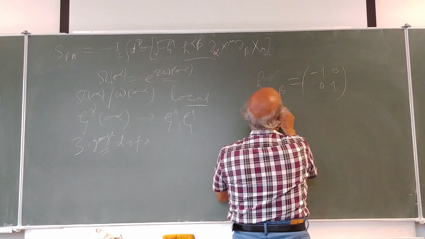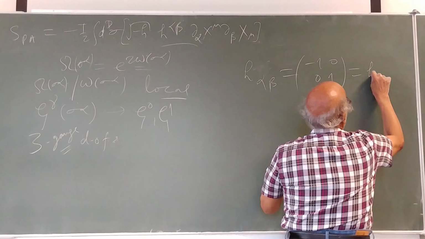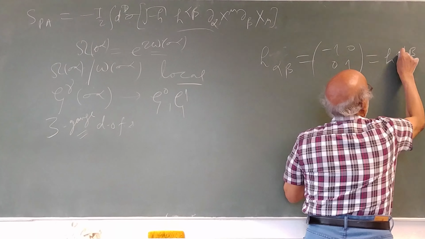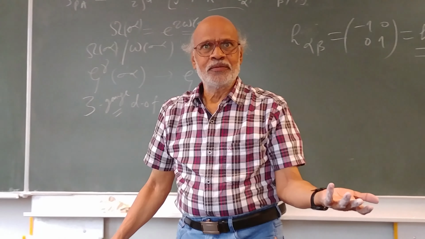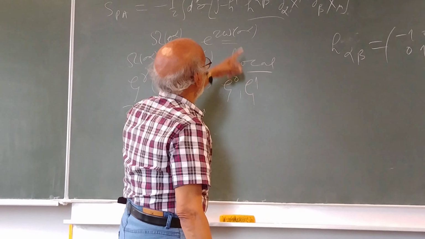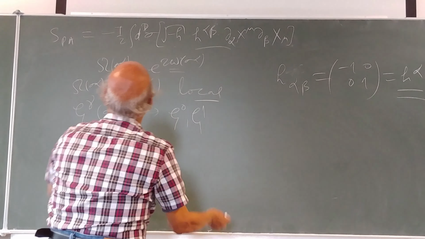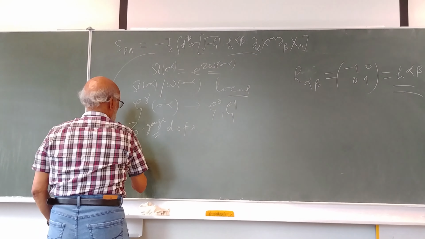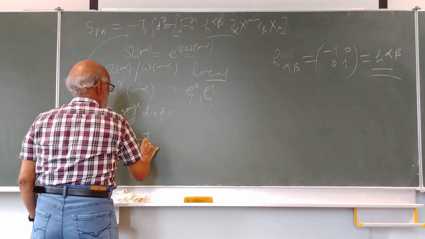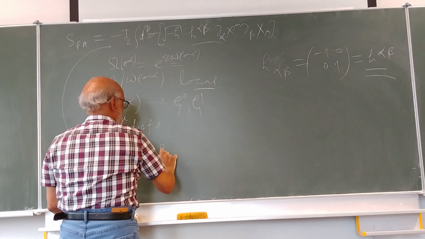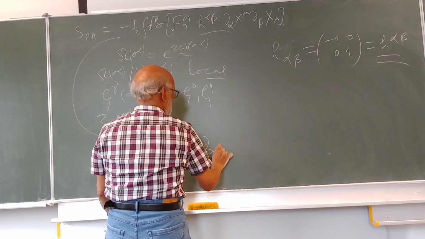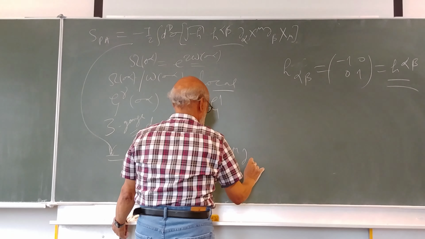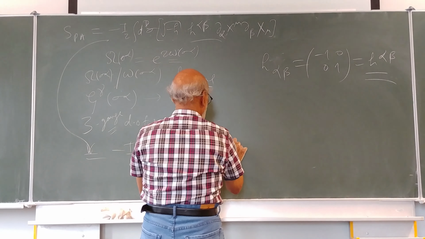Then if it is to be taken like that, then this is also equal to h alpha. So it's a flat metric. And making use of this here, we reduce this to be equal to del.